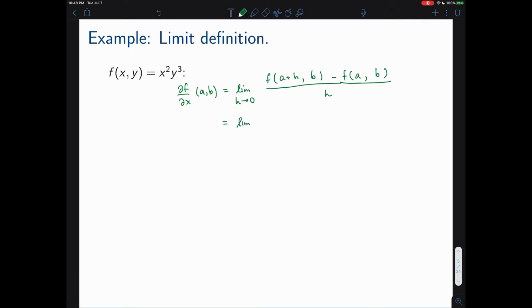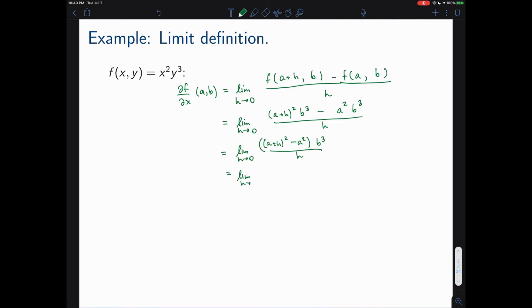All right, so we have to work out that limit. Well, we are given a formula for f. f is x squared times y cubed. And then again, f of (a, b), x squared would be a squared, and y cubed would be b cubed, divided by h. All right, what can we do to simplify this? Oh, I guess we could pull out a common factor of b cubed.